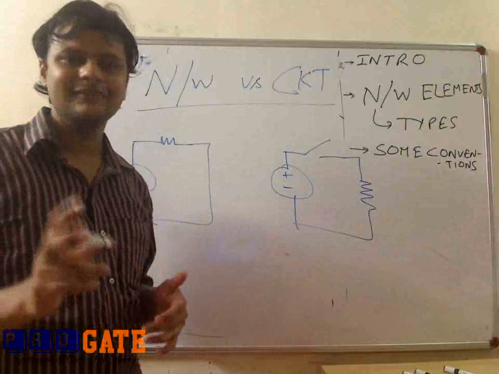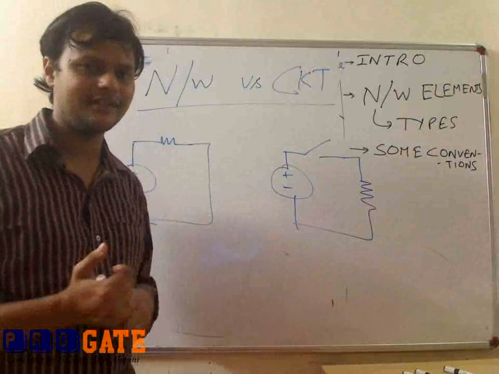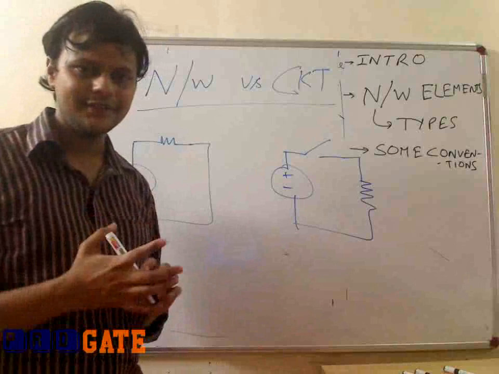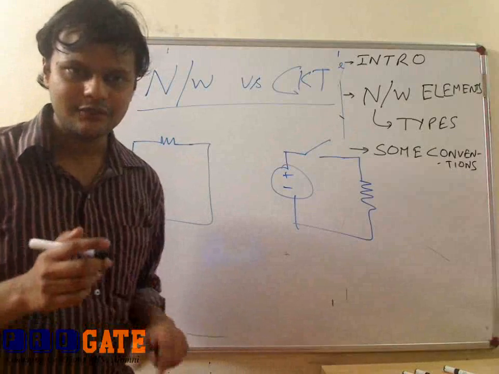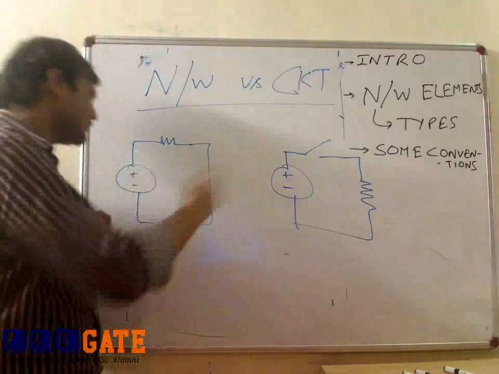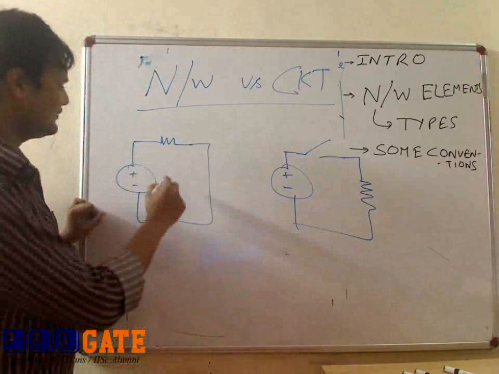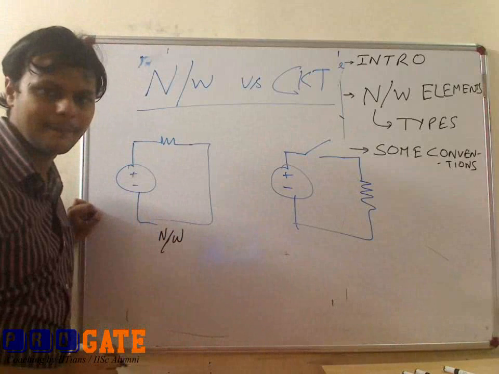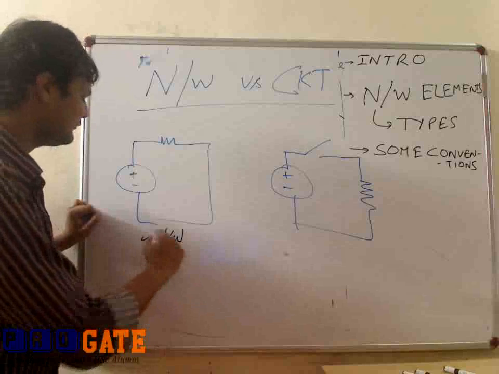An energized network is called circuit. Again I am repeating, an energized network is called circuit. So tell me, what are these? So it is a network. Yes, it is a network.